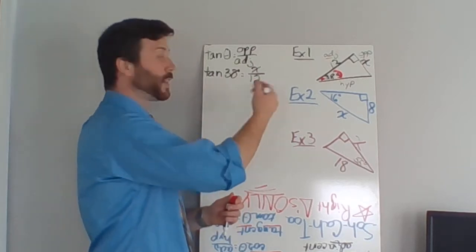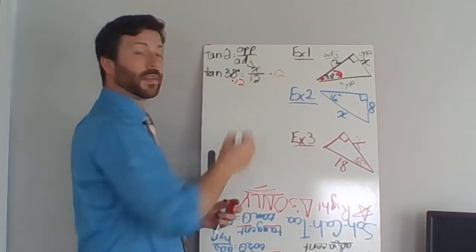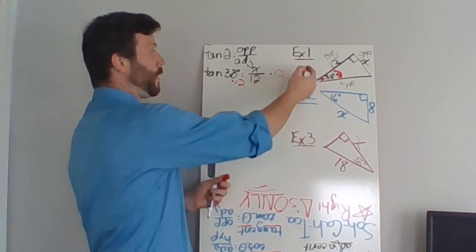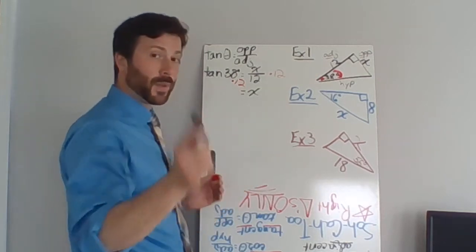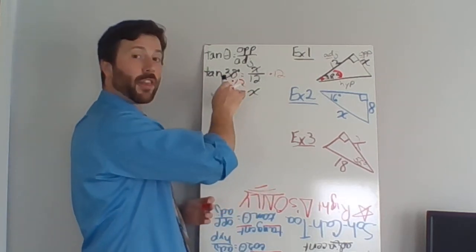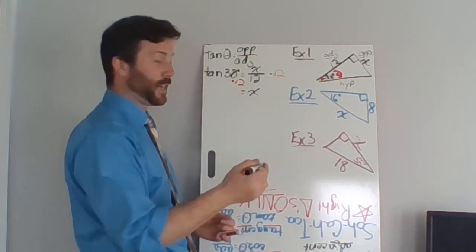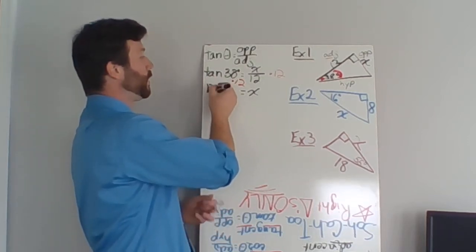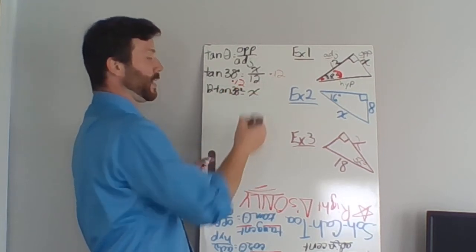X is being divided by 12, so we'll multiply both sides by 12. These 12s cancel, and x is all by itself. Now what's really important here is we're not multiplying 38 times 12. We're multiplying the tangent of 38 by 12. So 12 times the tangent of 38 degrees.